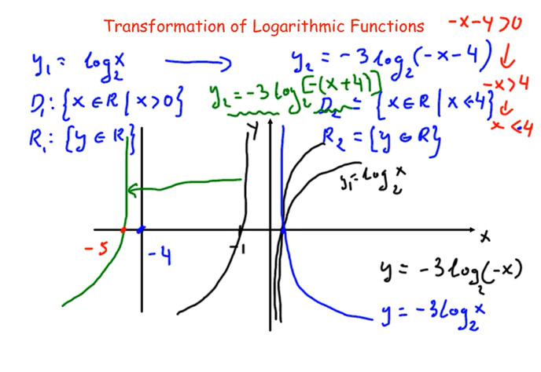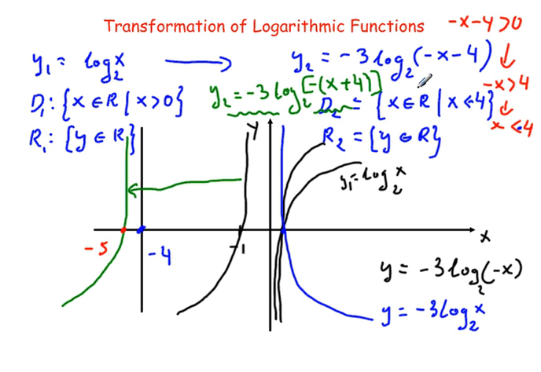So let us go back to what we did from the beginning. First we identified the domain for the original function. Then by rearranging the transformed function, we extracted -1, so in brackets we have x plus 4.